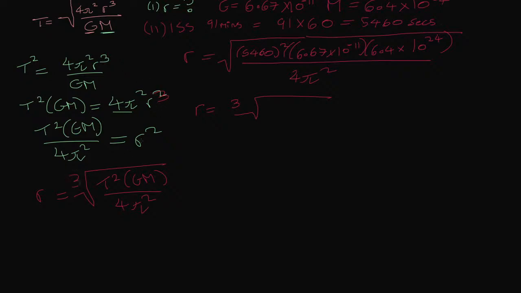So you want to get the cube root of this to get r on its own. This was originally a 3 up there, so we just get the cube root of that. The cube root of this would equal r, and that is 3.224 multiplied by 10 to the power of 20.